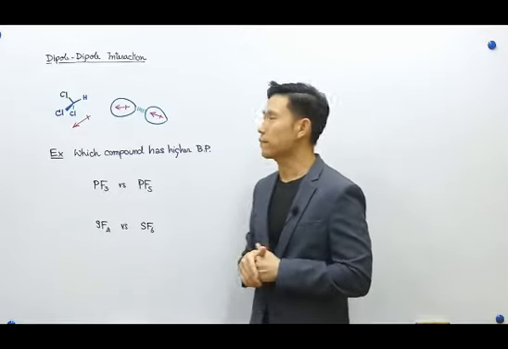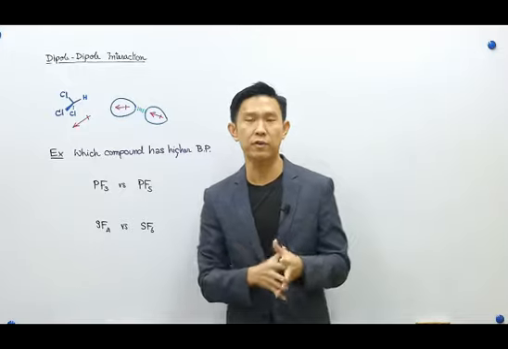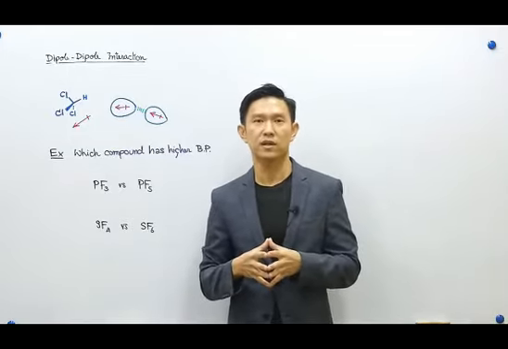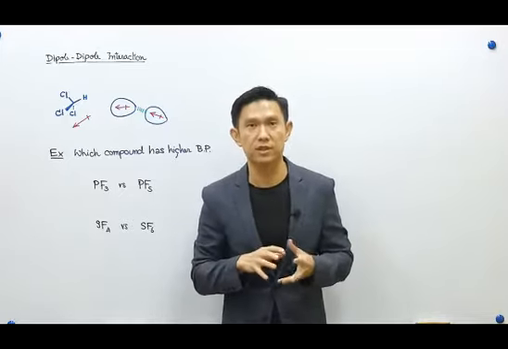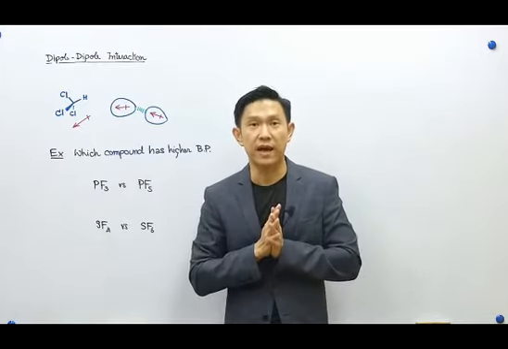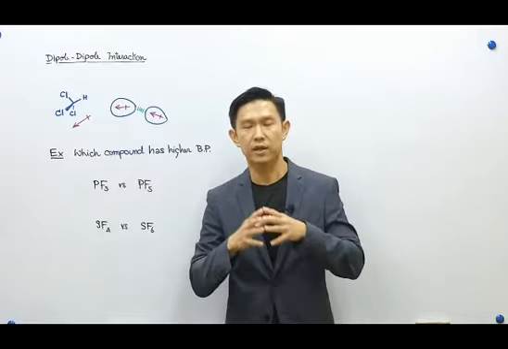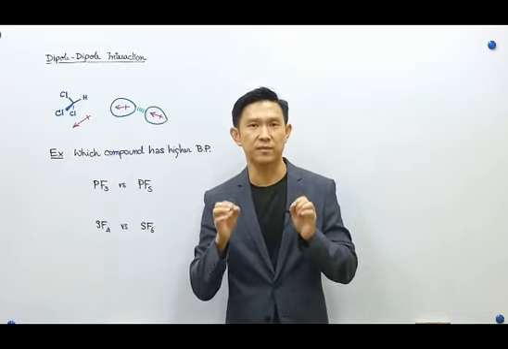This is called dipole-dipole interaction, which is very strong compared with the London force, because the London force comes from electron dispersion, which is not permanent. For example, the iodine molecule that I already talked about in the last video has 2 iodine atoms with the same EN.